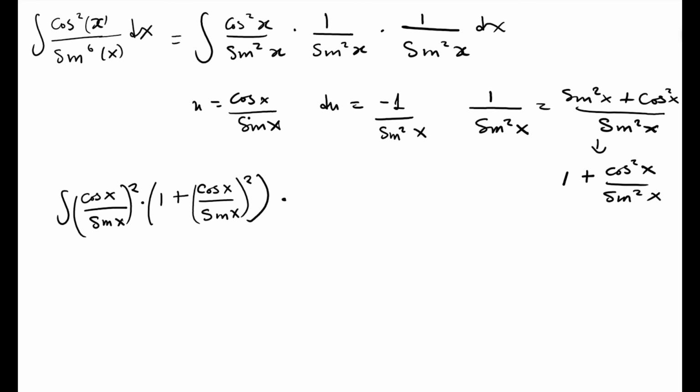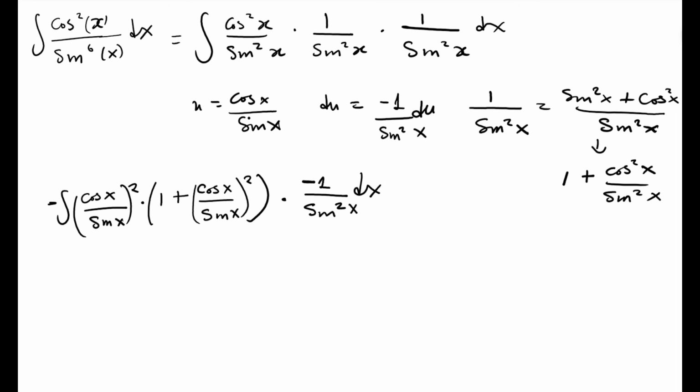But du gives us negative 1 over sine squared x dx, so if I put a negative here, the two negatives multiply to give a positive. So this will be 1 over sine squared x dx, and all of this is the same as du.